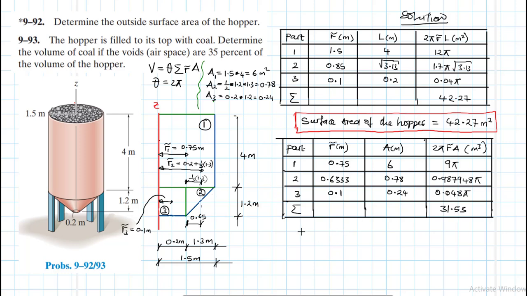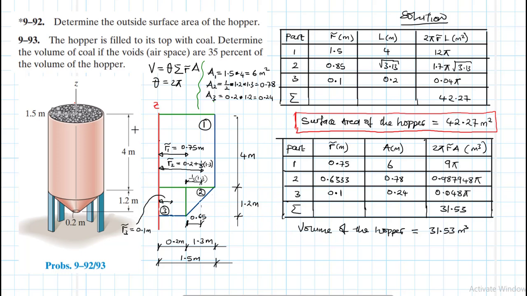This is the total volume. So we'll say the volume of the hopper is equal to 31.53 cubic meters.